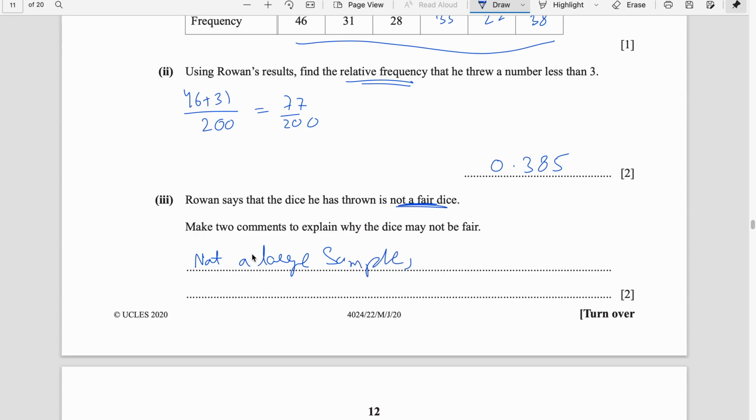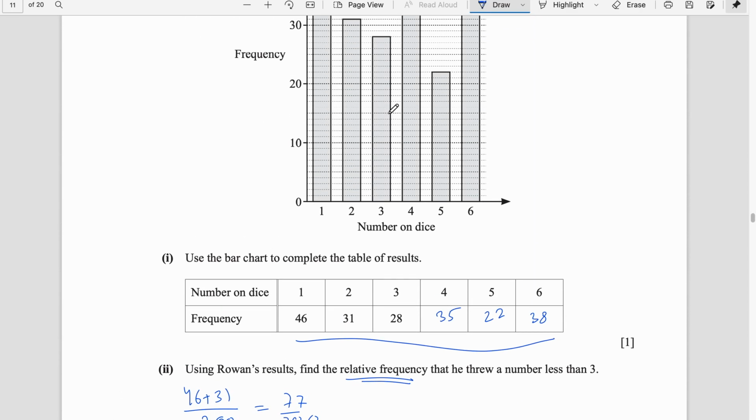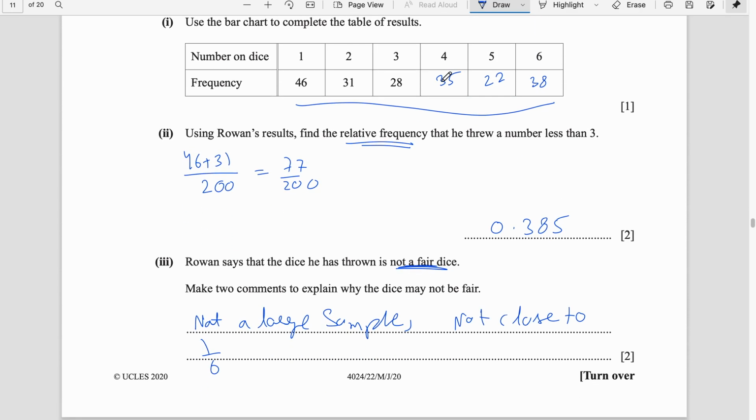And secondly, the probabilities are not close to 1 by 6 for any. For example, if you look at the smallest one, which is 22, 22 by 200 is very less.